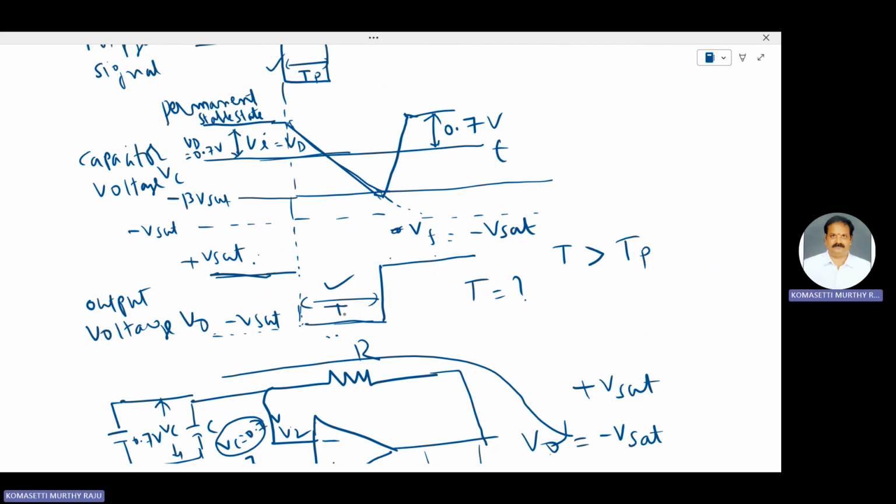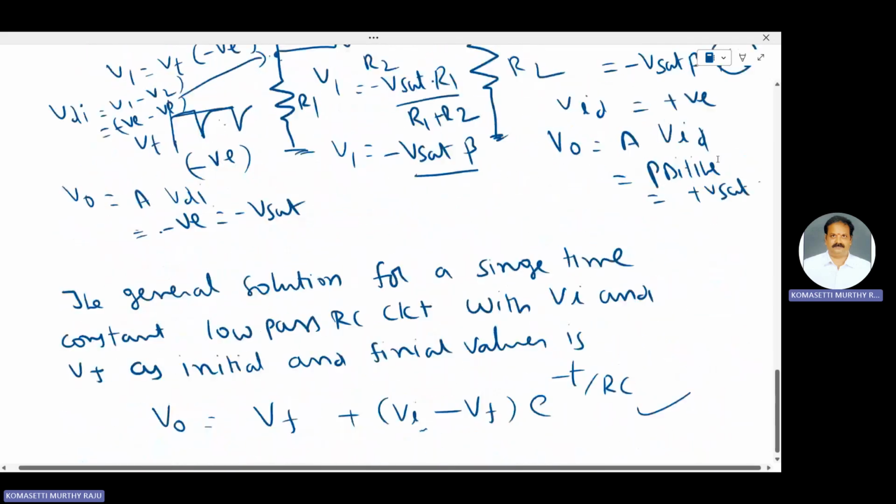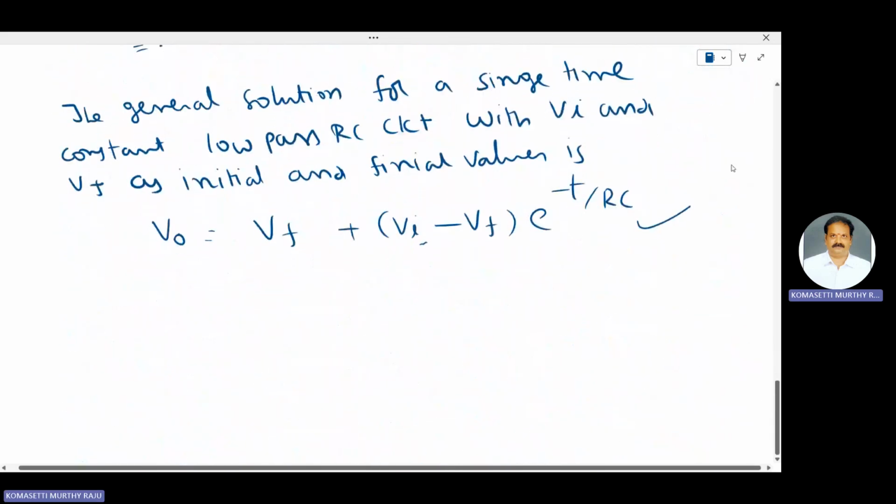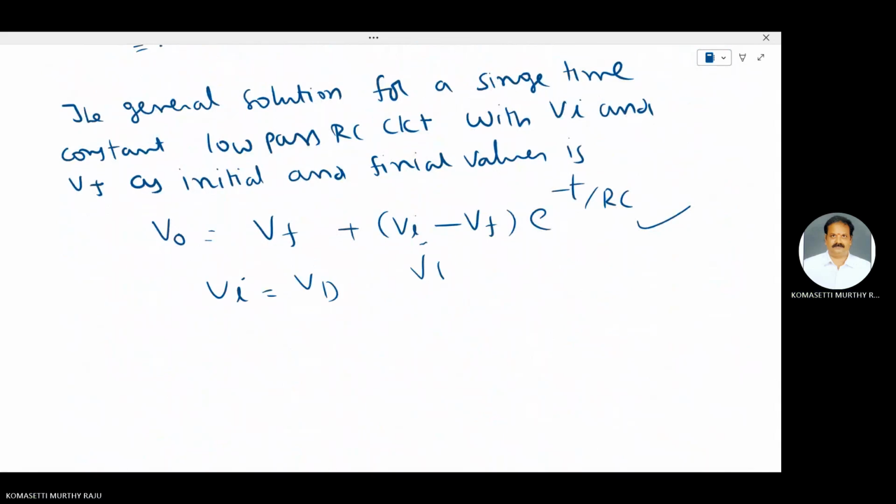After a predefined time interval T, the state change is observed. The duration of this time interval is T. The output voltage V0 is equal to the capacitor voltage at t equal to T. Vi is equal to Vd and Vf is equal to minus Vset.